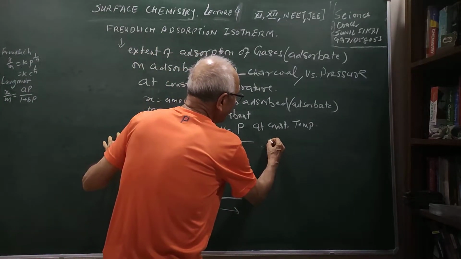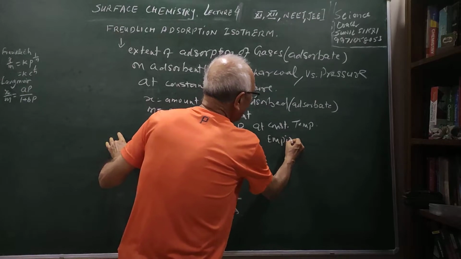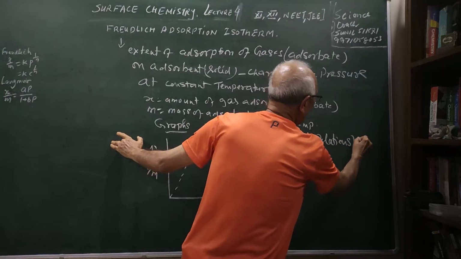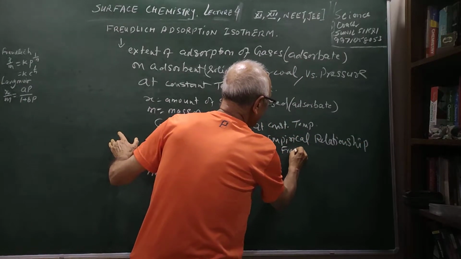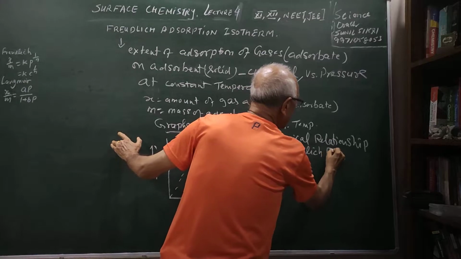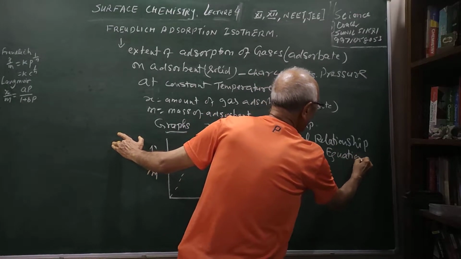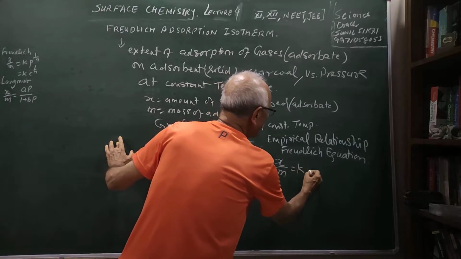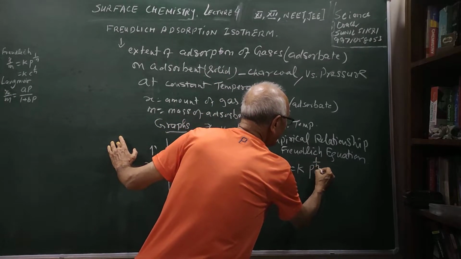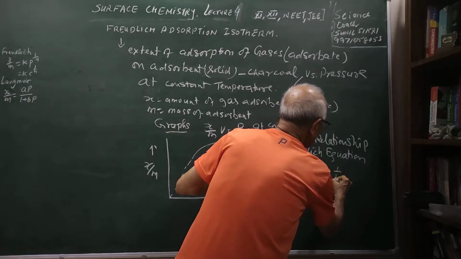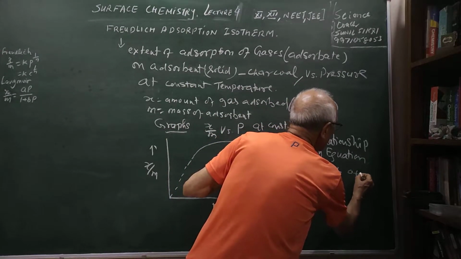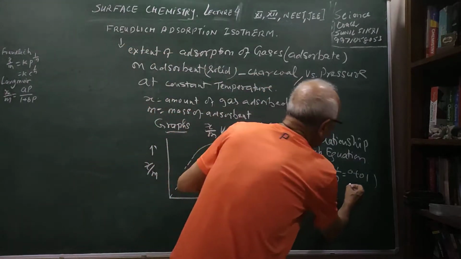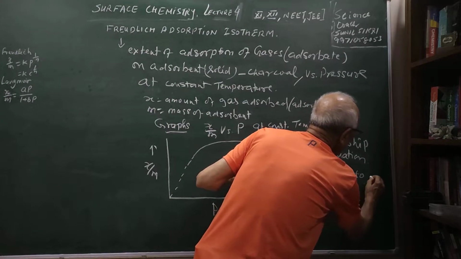And he gave an empirical relationship, which is called the Freundlich equation, in order to explain this graph. x by m is equal to some constant k times P power 1 by n, where 1 by n can take values from 0 to 1.